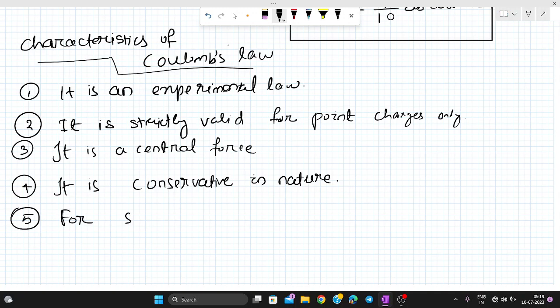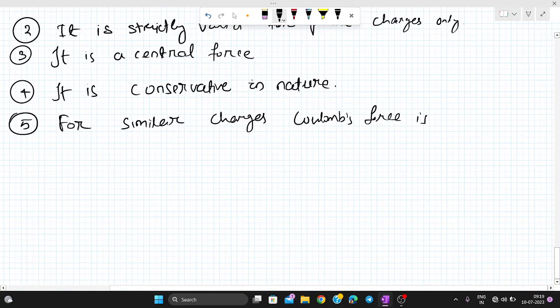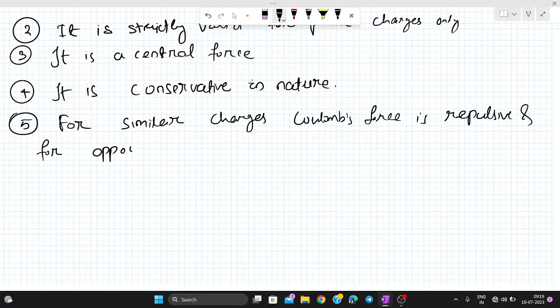For similar charges, Coulomb force is repulsive, and for opposite charges, Coulomb force is attractive.